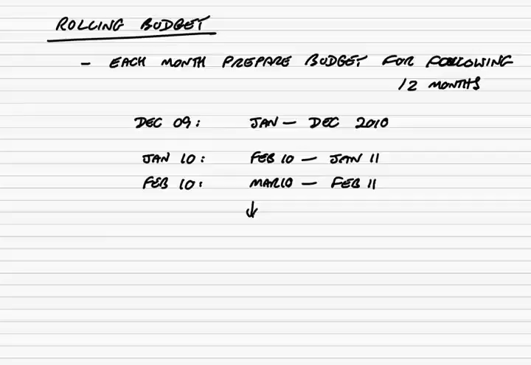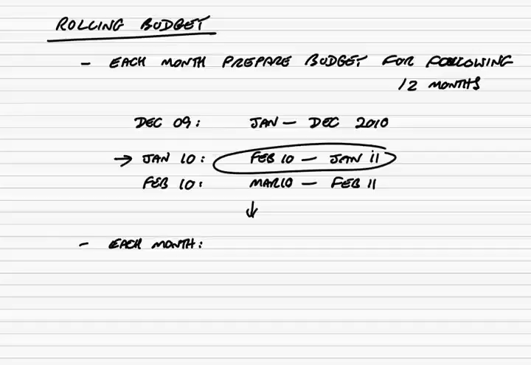Now that might sound an enormous lot of work, obviously. In fact, it's not so bad, because what it means is that each month you're doing two things. First of all, for instance, January. When you're budgeting for that period, remember, you've already got a budget up to December, so you've already got 11 months.